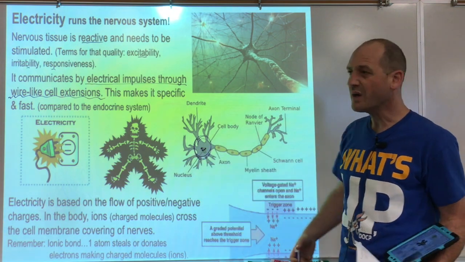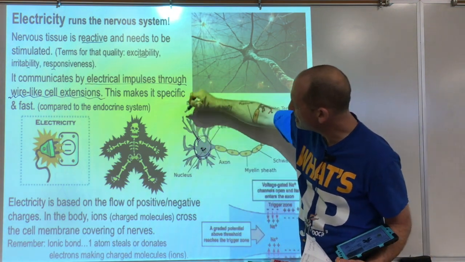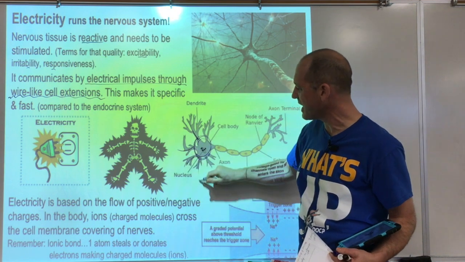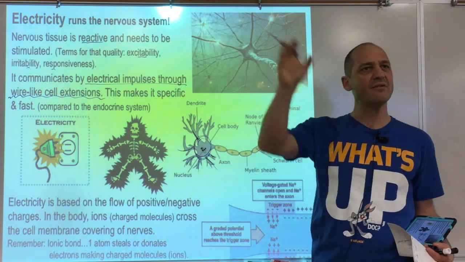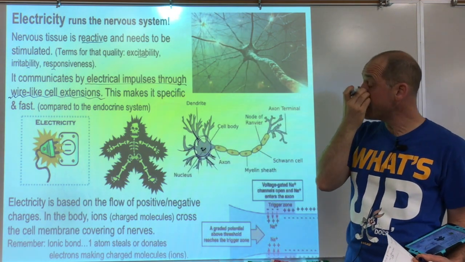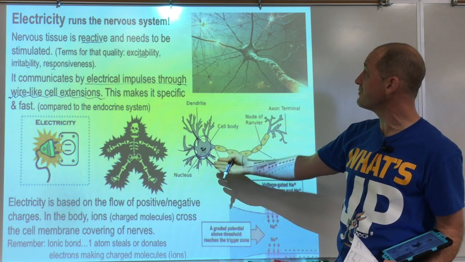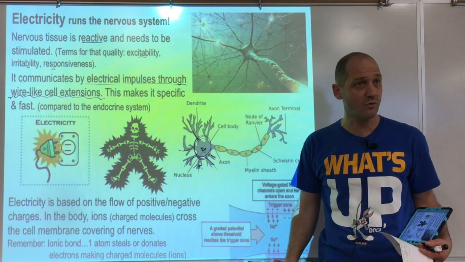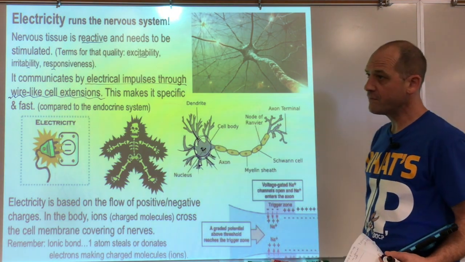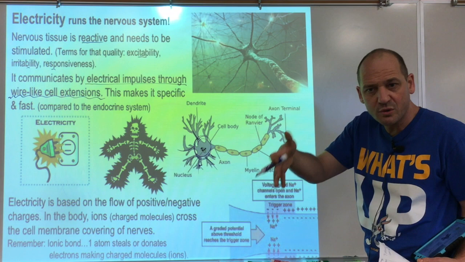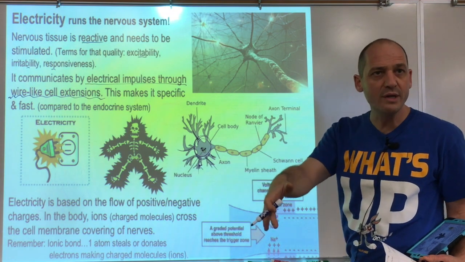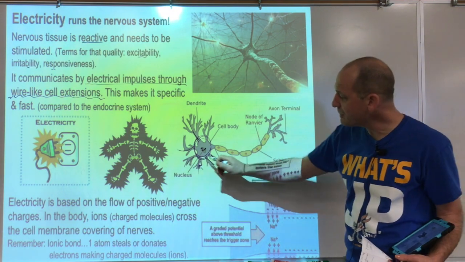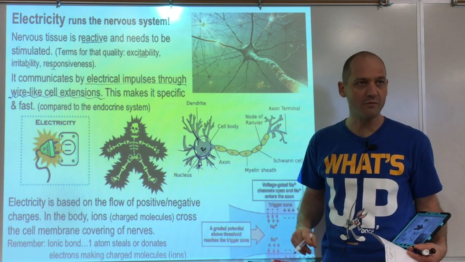But then that cell has extensions coming off of it, like finger-like things that reach out. And those are great because they give us places where other extensions can come and connect to it and have a conversation with them. We talked about the muscle, where the nerve comes onto the muscle and then the acetylcholine reacts with the muscle. Similar stuff can happen here, just from nerve to nerve.